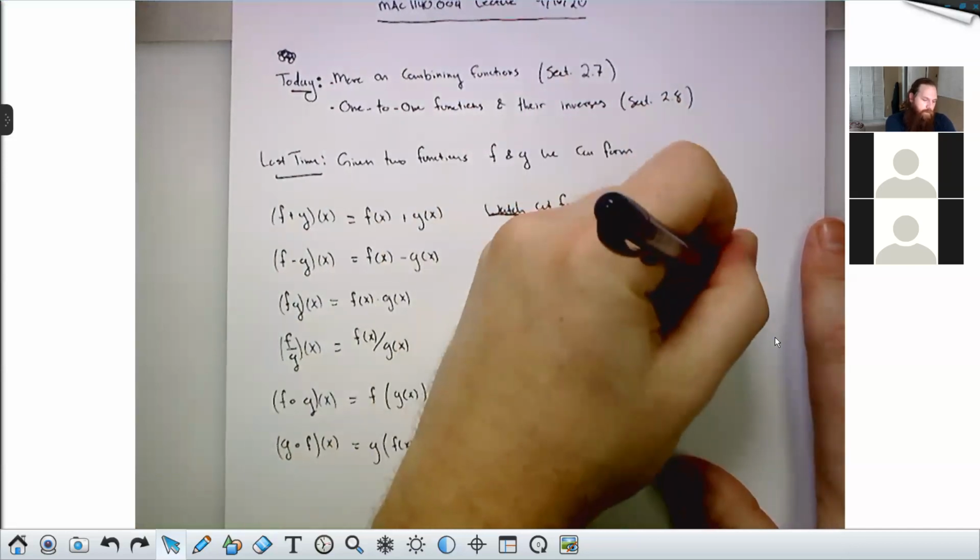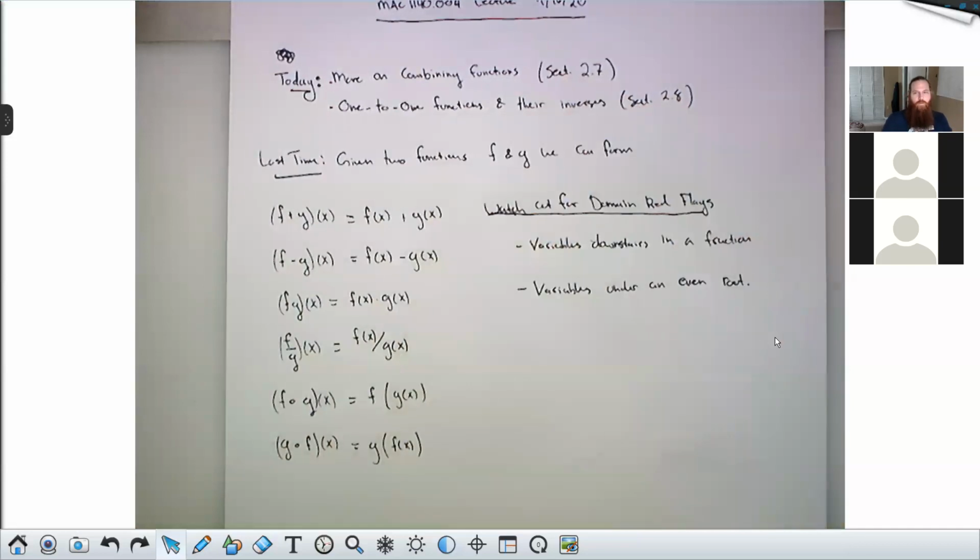And in each of those cases, we need to make sure that the problems are avoided. So if you've got variable stuff in the denominator, you need to make sure those aren't 0. And if you've got variable stuff under an even root, you need to make sure that that stuff is greater than or equal to 0.